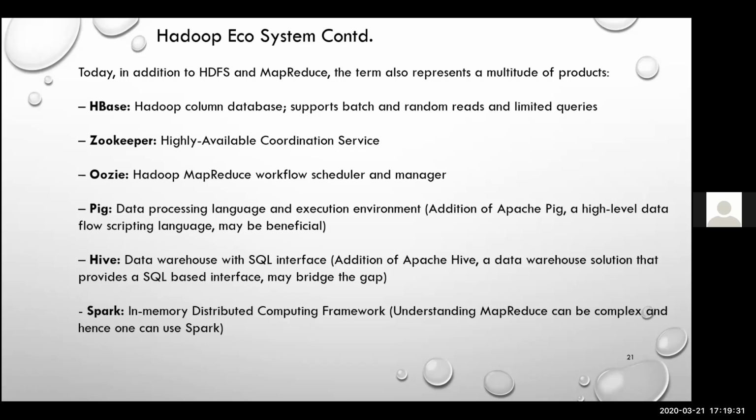Hence there are a lot of tools available to process big data under one umbrella, and that's what we call the Hadoop ecosystem. I picked up a couple of things here. If you visit hadoop.apache.org, you will see a lot of stuff there.